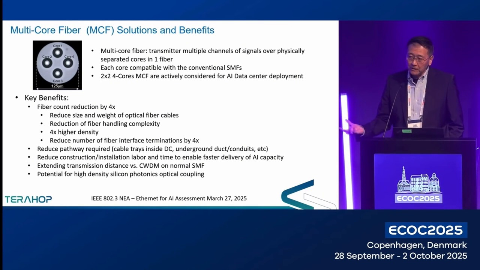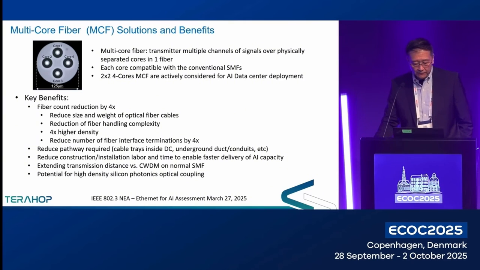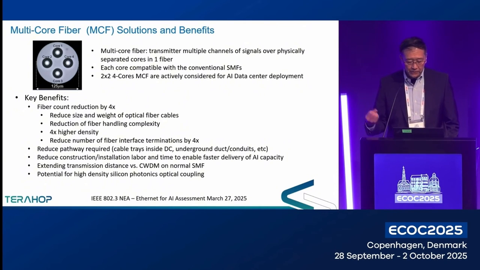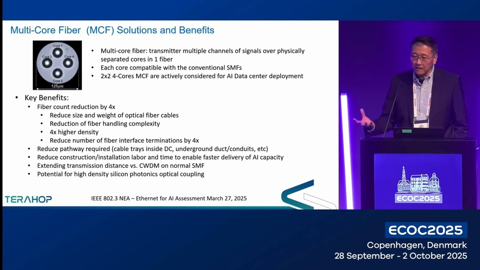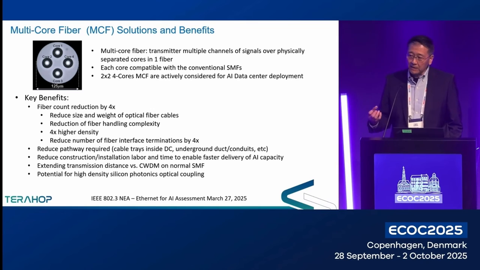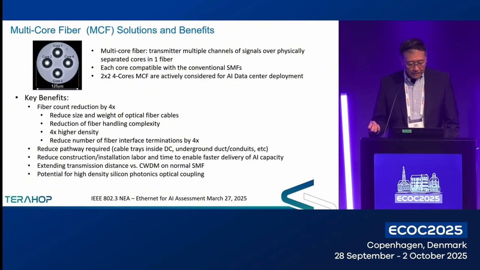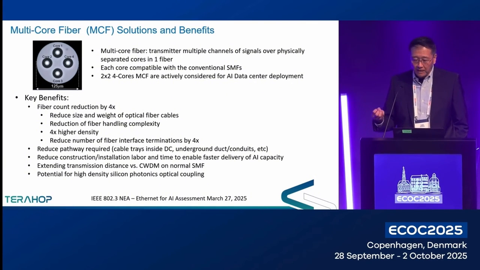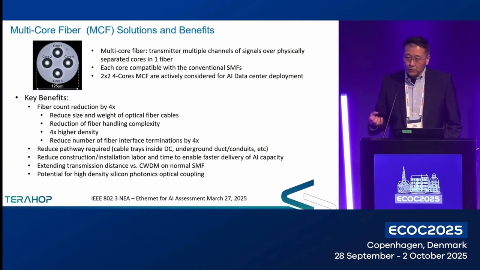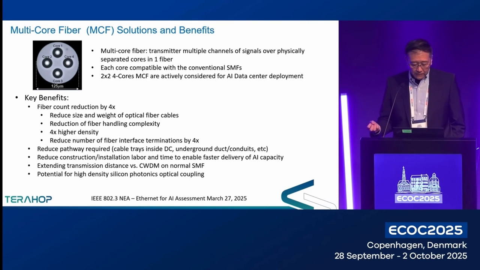By deploying 2x2 versus just a single core fiber, you can cut down the number count immediately by 4, reduce the number of interfaces between fibers, greatly reduce the weight of these fibers, and also provide much higher density in terms of layout of these fiber cables.